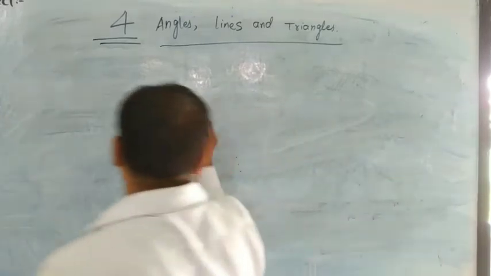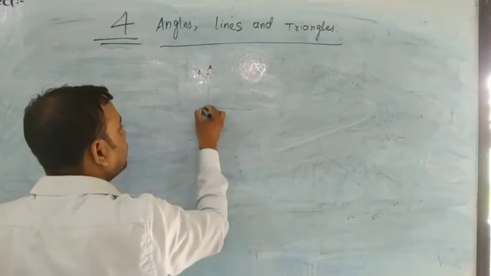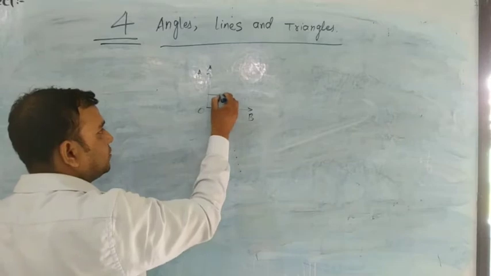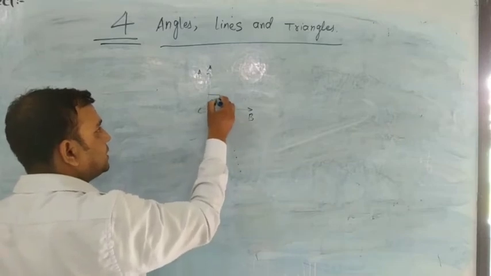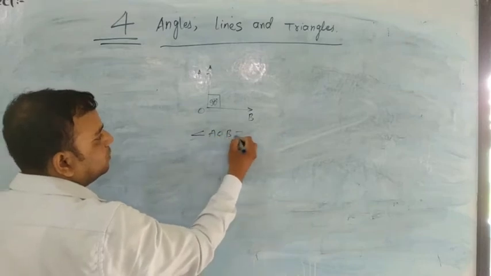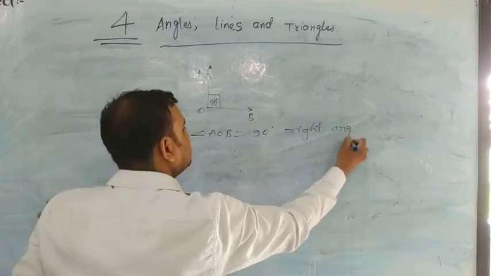If OA and OB are perpendicular, then the value of this angle is 90 degrees, and this angle is called a right angle. Angle AOB equals 90 degrees, that means a right angle.